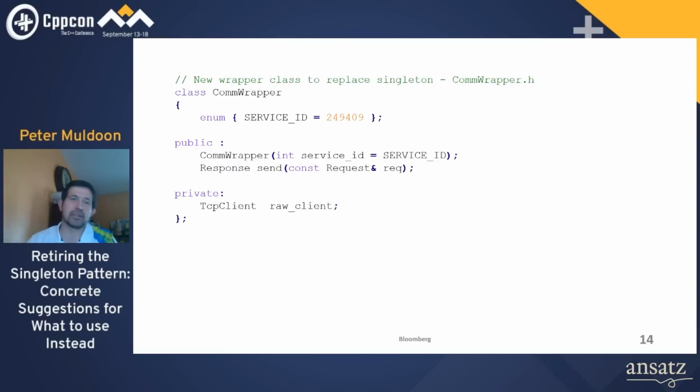So whatever was in an init call, or if it's in the instance call that constructed and set up the proper data inside of it, that's all going to happen in the constructor. Now, in the send function, I'm just going to lift all the operations that were there in the send function, and drop them in the send function of my wrapper. Once I've done this, I can essentially throw away the singleton. I don't really need it anymore in my class or in my function.